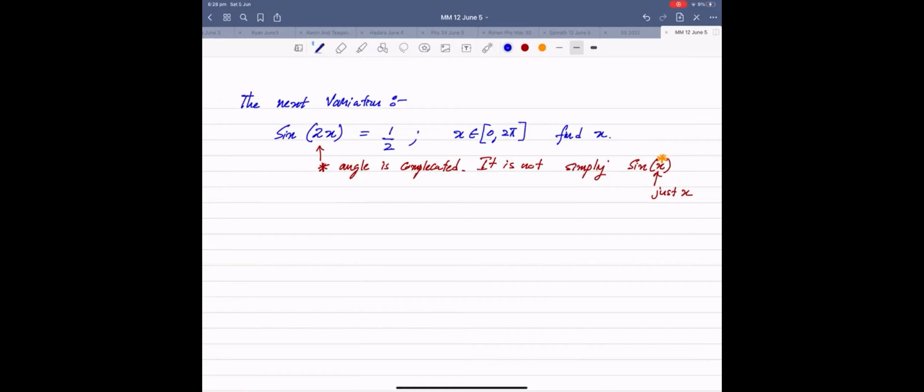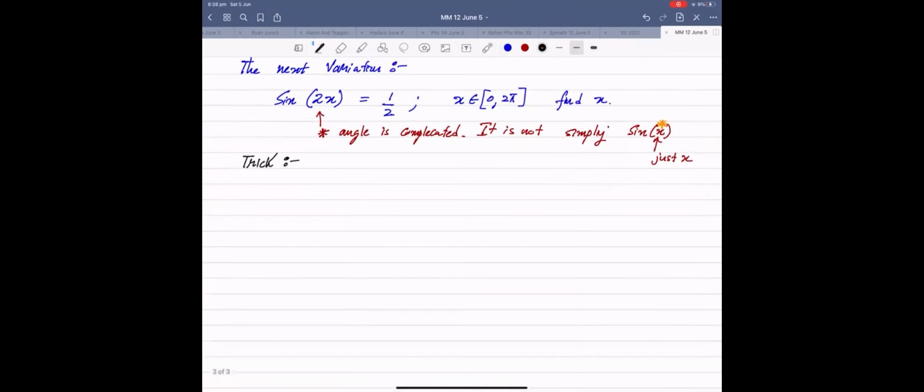The angle is complicated. So first of all, you identify this complicated angle. Then you have to use the trick I'm teaching you. Okay, so this is the trick.